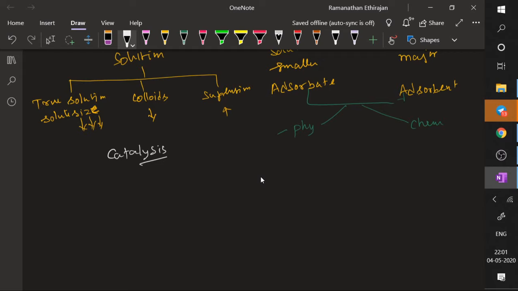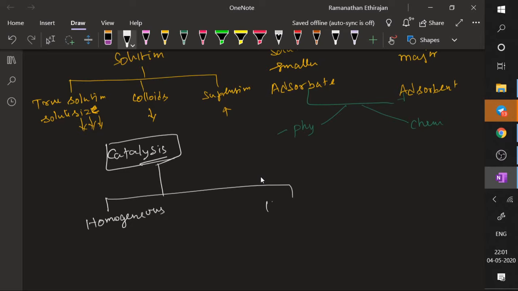Using a catalyst, when we are able to cleave a bond, it's called catalysis. This catalysis can be of two types. Take down: homogeneous catalysis and heterogeneous catalysis.